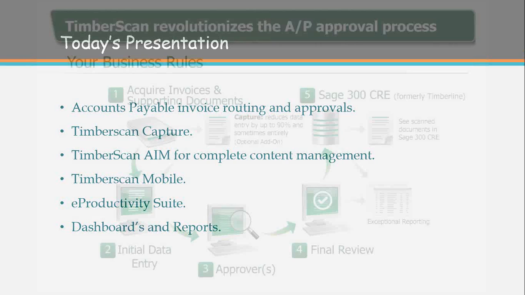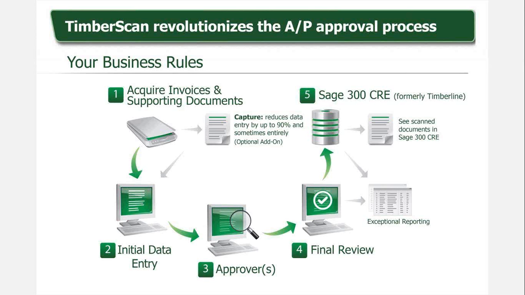So with that, one last PowerPoint slide, and it's the accounts payable routing and approval process. So basically, when I meet with a company that is interested in looking at Timberscan, in many cases, the first thing that we're talking about is accounts payable. And usually what I will ask is, what is your current process for handling accounts payable invoices?